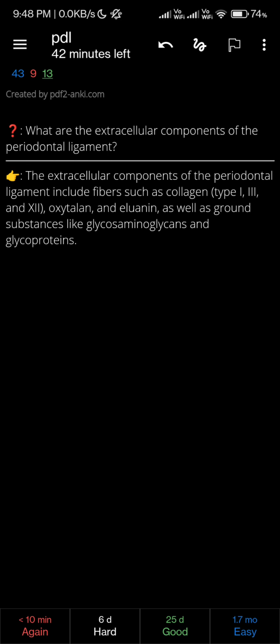Then we have oxytalan and eluanin, as well as ground substances like glycosaminoglycans and glycoproteins.